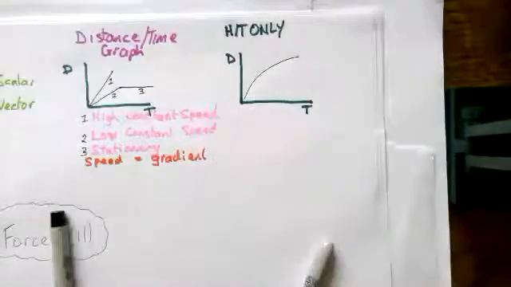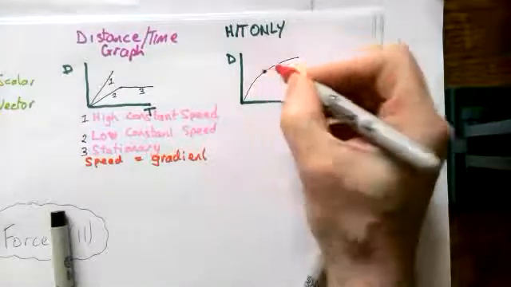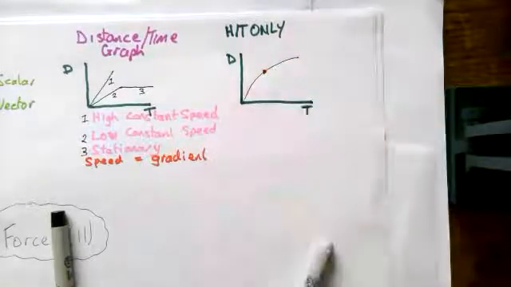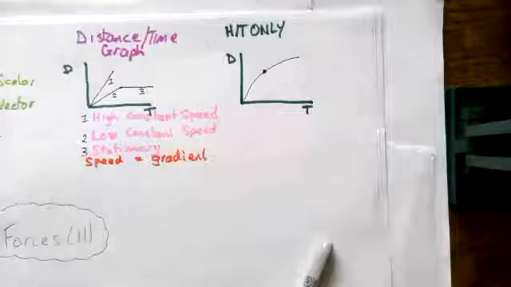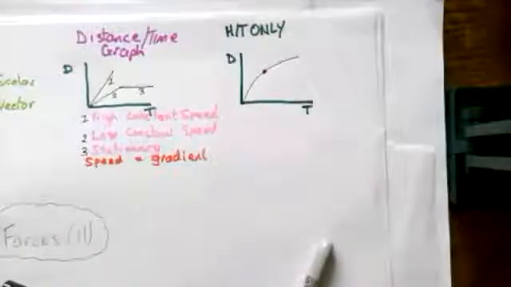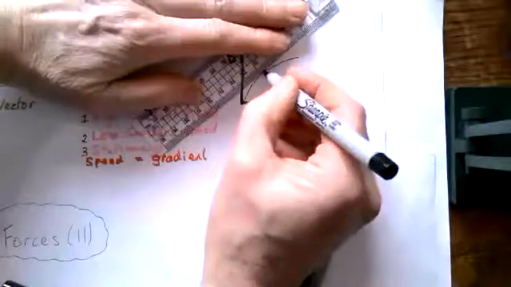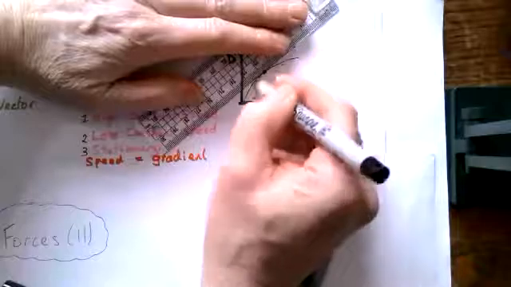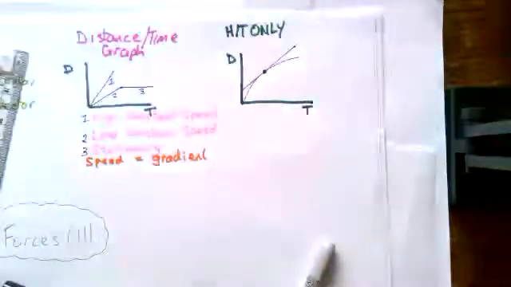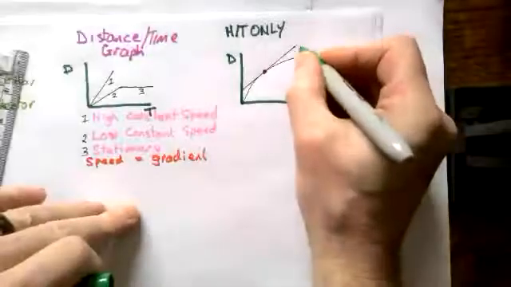And on this one, to get the speed at any particular point, let's say the point being this point here, you draw a tangent to the curve at that point, preferably using a ruler, because it has to be drawn accurately. So you only touch at that point only. So draw your tangent in there. So that bit is the tangent.